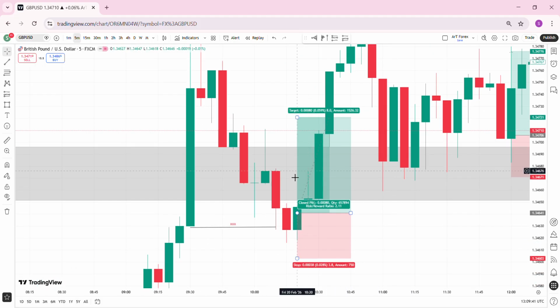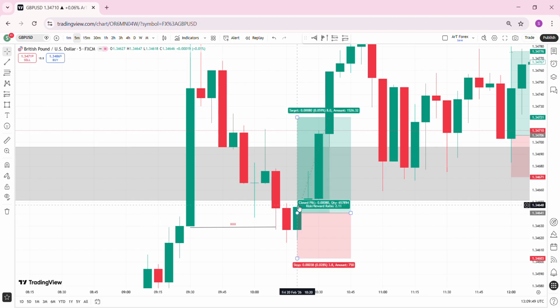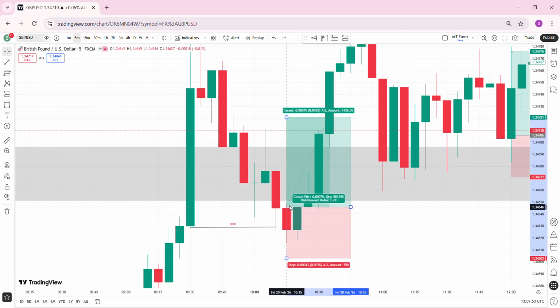I was waiting for a bullish candlestick that will close above this previous 5 minutes candle, the previous selling candlestick that broke out this low. So that's all I was expecting at this point.